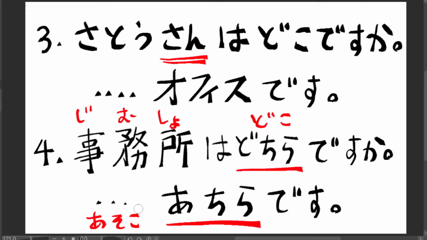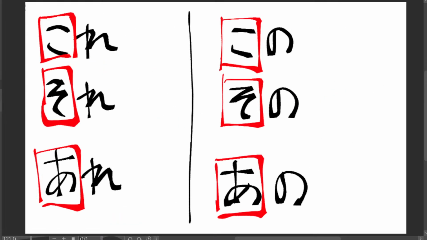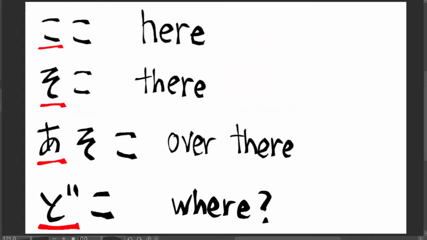So どちらですか？ あちらです。 Back to here: here, there, over there, where, ここ、そこ、あそこ、どこ.